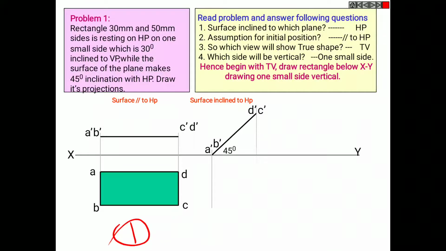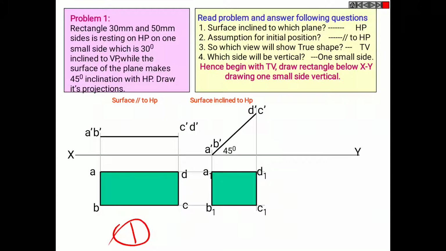Now take the projections from the top view and front view and make A1, B1, C1, D1. This is again your new rectangle with some inclination to it. Now again our side is resting on HP on one small side which is 30 degrees inclined to VP.